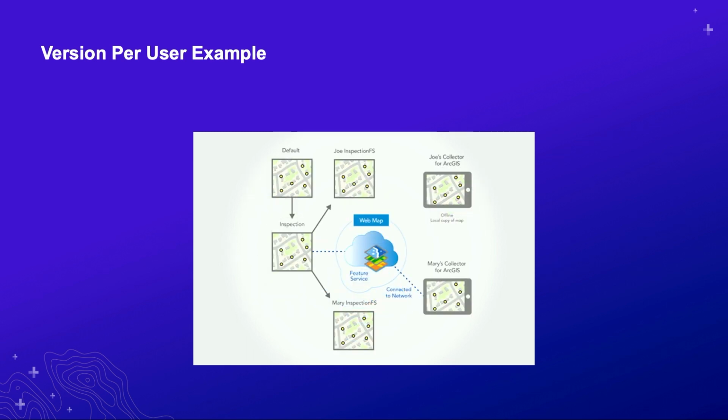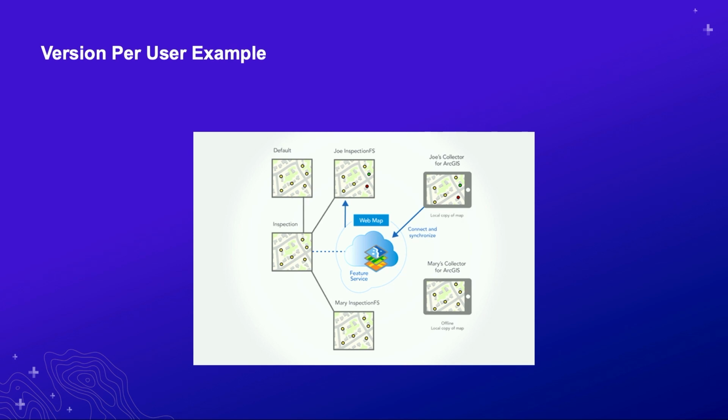Joe can go offline. Mary has a map that she takes offline. She can go offline. They can stay offline for a while. They can synchronize their changes, and that will push their changes back into their versions. But there's no real synchronization with default at this point.